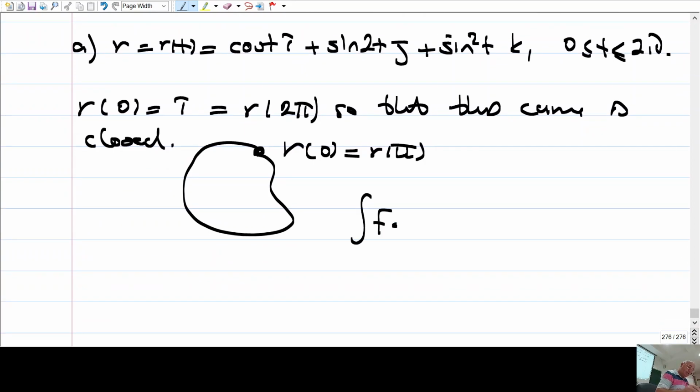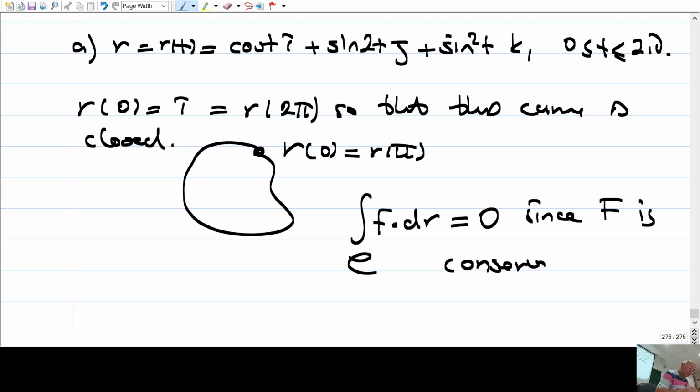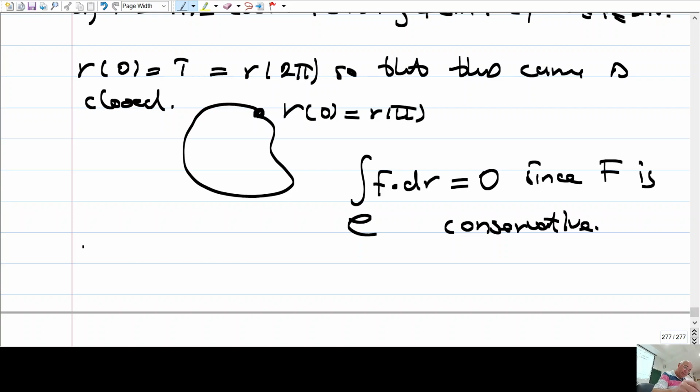Well, the line integral along a closed curve is 0, right, by the theorem, since f is conservative. Değil mi? We proved that if a vector field is conservative, then around any closed curve, the line integral is 0. Neden? Yani nedeni de bariz tabii ki.